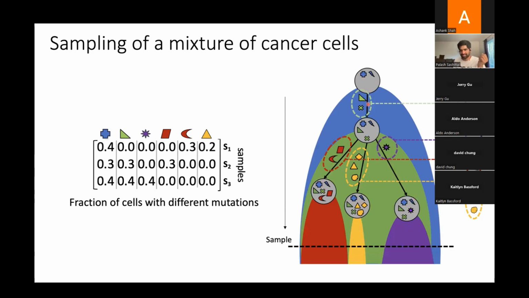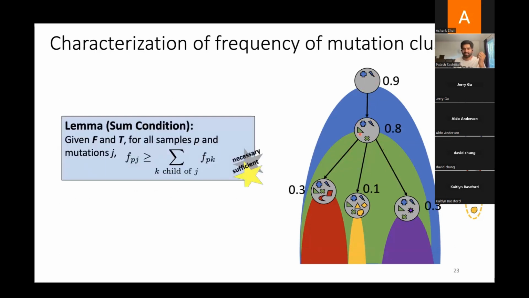Okay, a tree is just a graph where nodes represent the cancer cells and edges represent evolutionary relationships between these cancer cells. Then you can think about what relationships these fractions or frequencies should satisfy. One relationship that I think all of you can easily understand is this: imagine that this is a particular cancer cell, and 80% of the cells in the sample have this set of mutations over here.